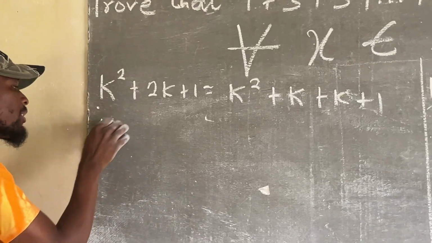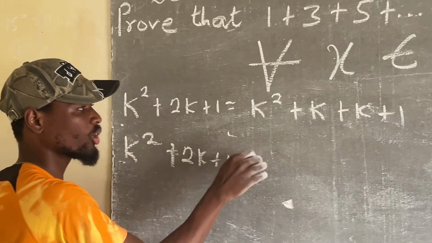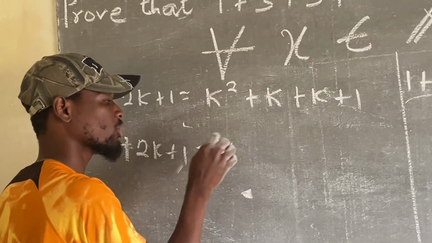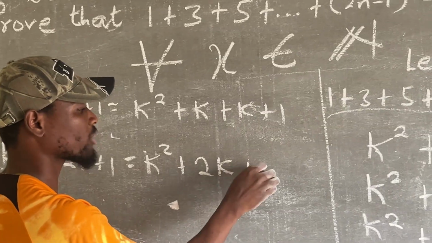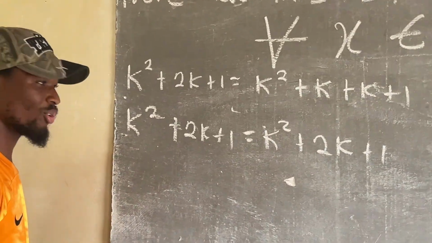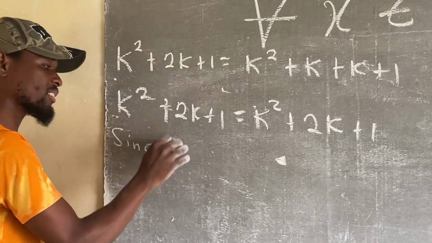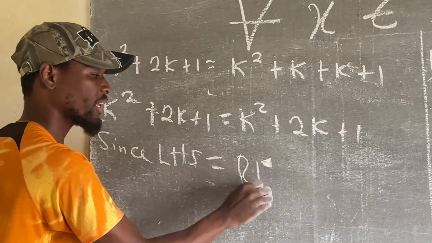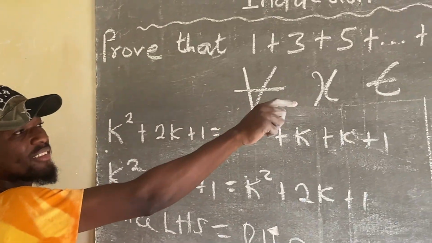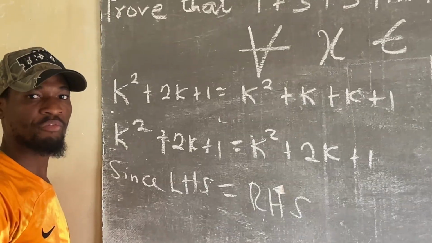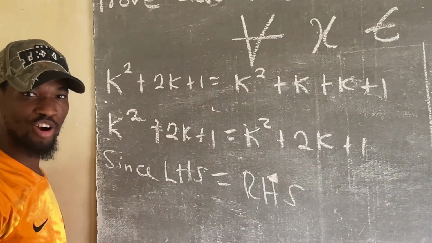So this is what we have: k squared plus 2k plus 1 is equal to k squared plus k plus k is 2k, then plus 1. So since the left hand side is equal to the right hand side, hence the statement is true for all integers belonging to the set of natural numbers.